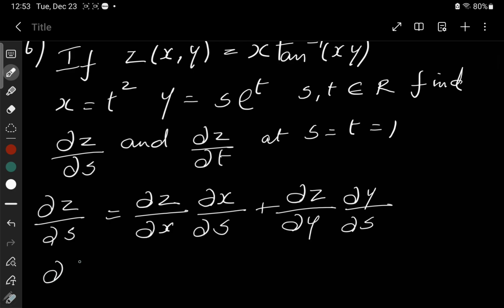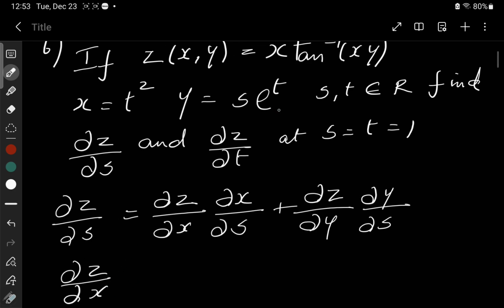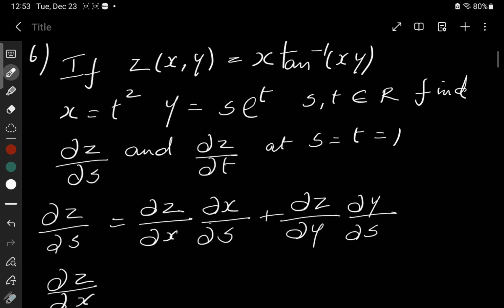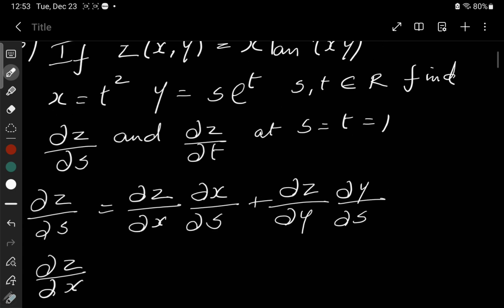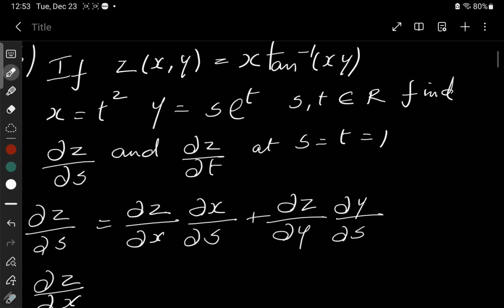So, first let me find dou z by dou x. Here z is the product of two terms, x into tan inverse xy, so I have to apply the UV method. First I keep x constant: tan inverse xy gives 1 by 1 plus x squared y squared, then differentiate xy keeping y constant.